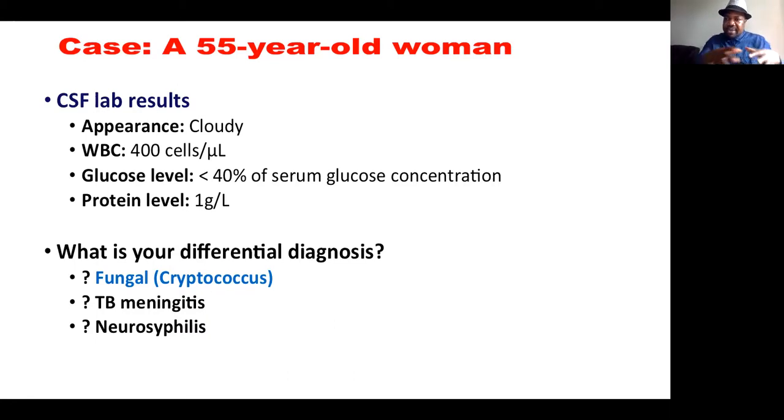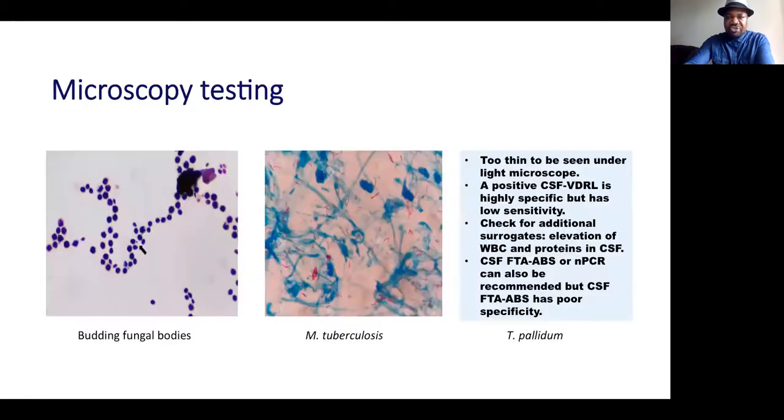If you combine the clinical presentation and CSF analysis from this patient, your leading hypothesis should be cryptococcal meningitis, followed by TB meningitis and query neurosyphilis. You don't really have more evidence in terms of clinical history to suspect neurosyphilis. But your working hypothesis number one is cryptococcal meningitis, and number two is TB meningitis.